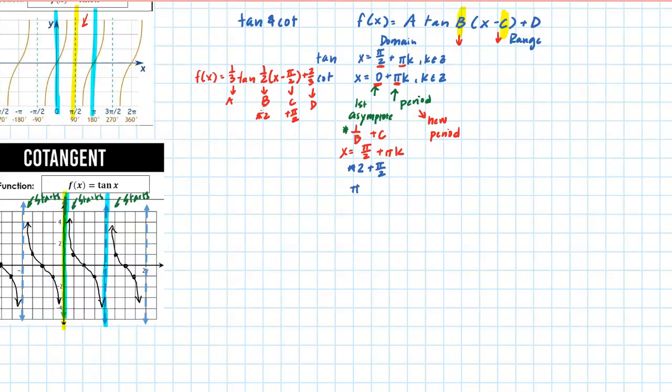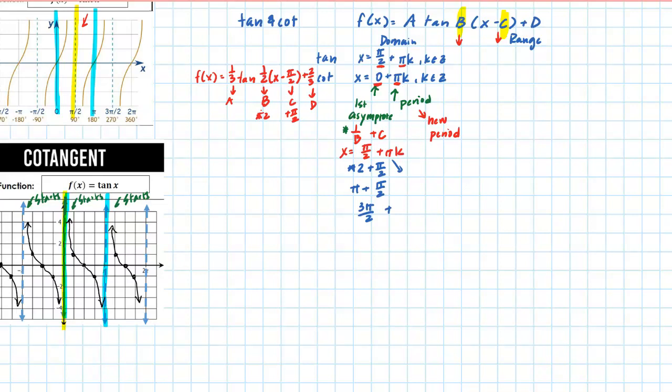So that gives me a pi plus pi halves, which is 3 pi halves. So that's my first asymptote. Just check. Pi halves times 2. It's way too early in the morning to be doing asymptotes. Sorry, even for me. And then pi. Okay, and then remember I said that that's the new period.